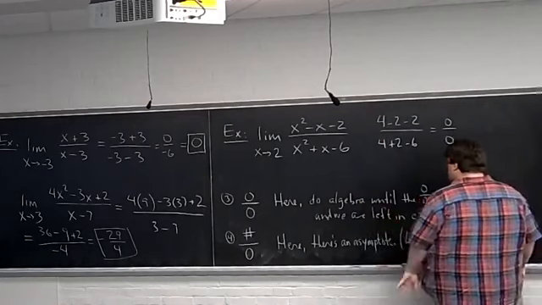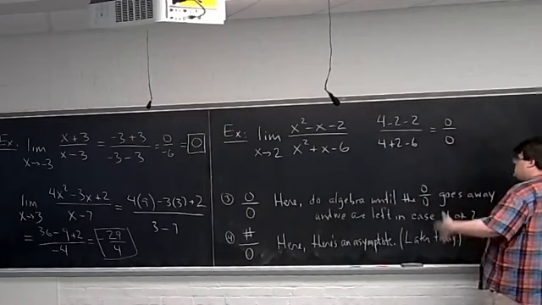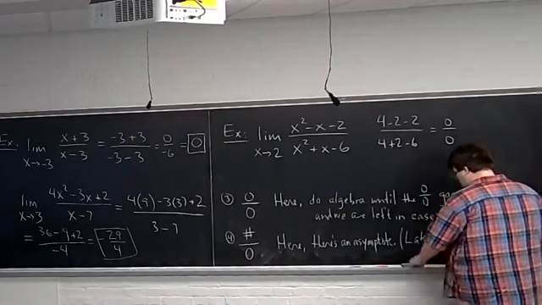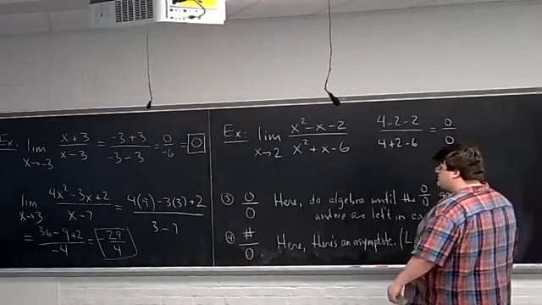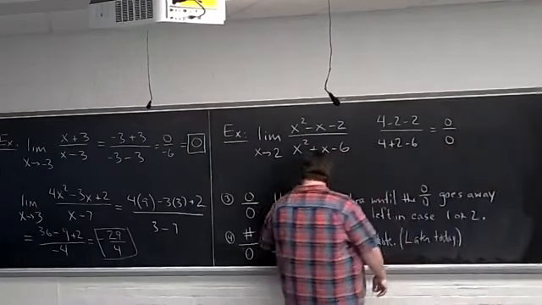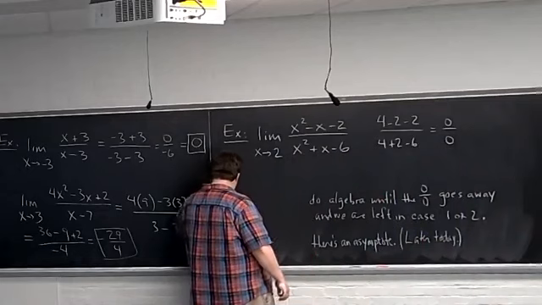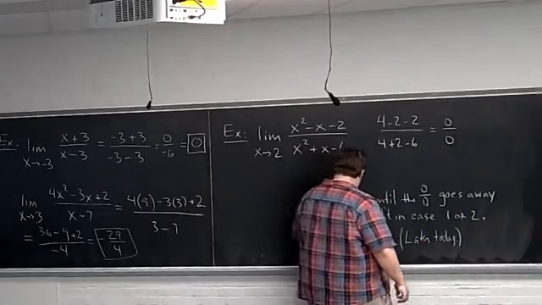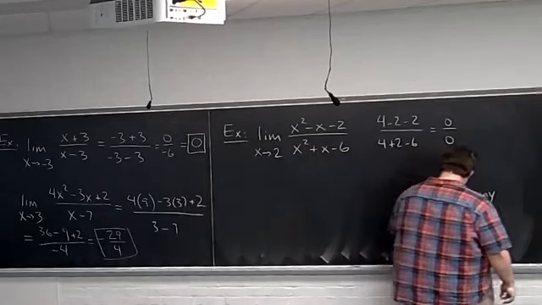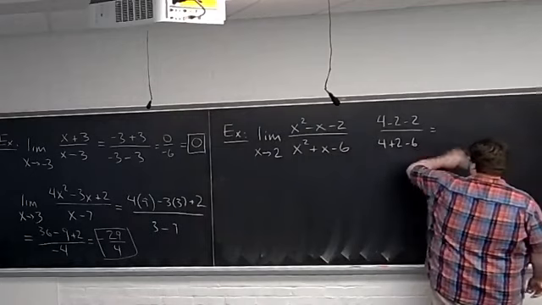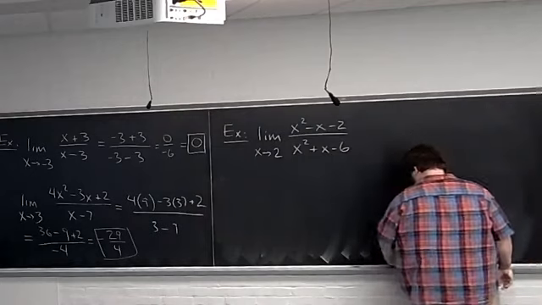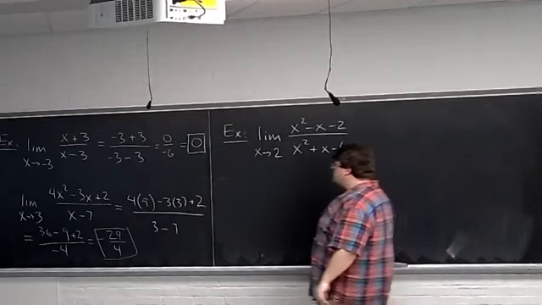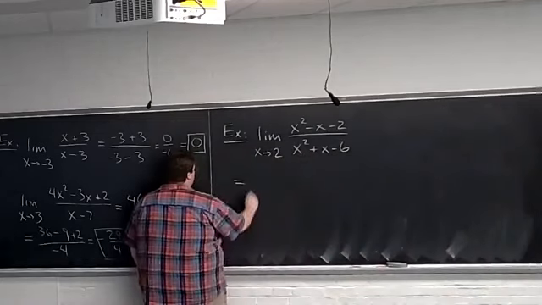But being in the 0 over 0 case tells us that we have some work to do. We need to do algebra, something is going to cancel, and then we may be left in case 1 or 2. What kind of algebra can we do? Well, we have 2 degree 2 polynomials, maybe they'll factor.